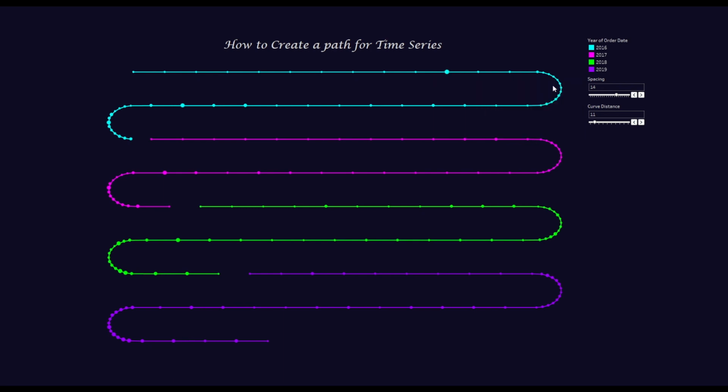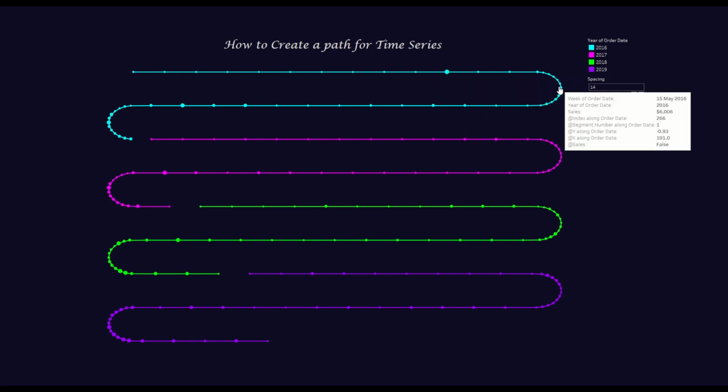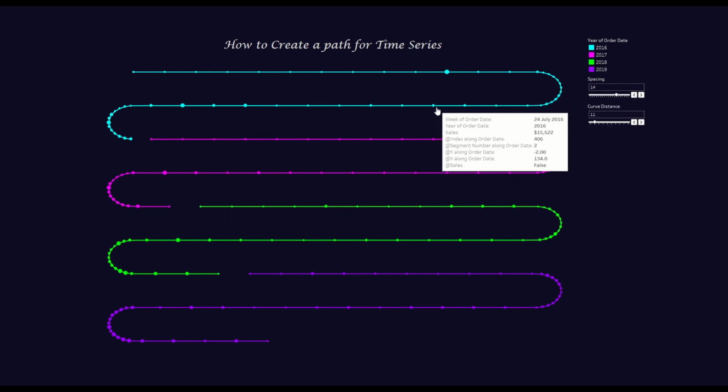If we go to the curved path here on the right hand side, you will see the index is 266. So 266 divided by 180 gives us a value of 1 point something. So we have defined it as segment 1. In the same way, if we go to this curve, the index along the order date is 406.